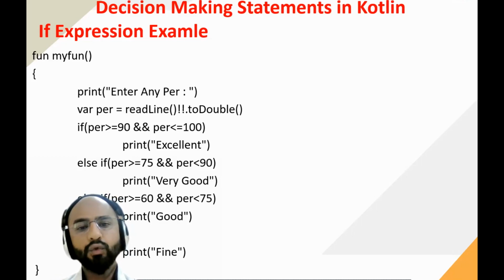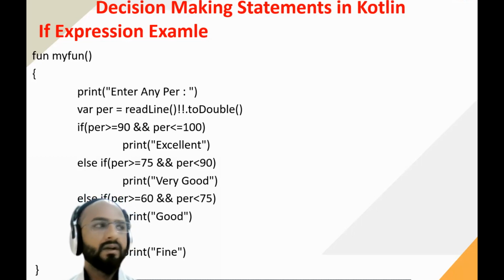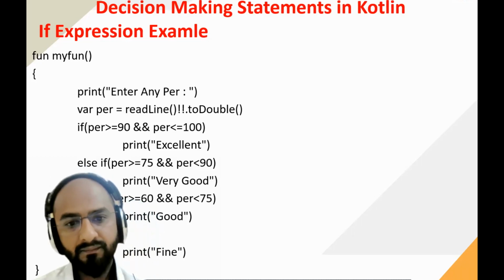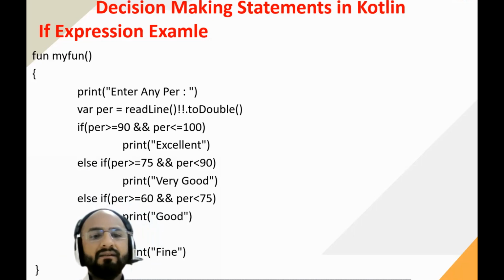That's why I am calling the toDouble method over here. When any user enters any percentage, this percentage needs to be converted into a double, so I have converted it by using the toDouble method. And the value is now available in the percentage variable.